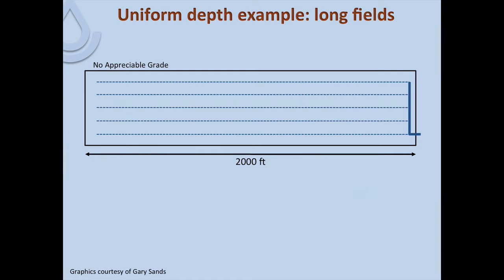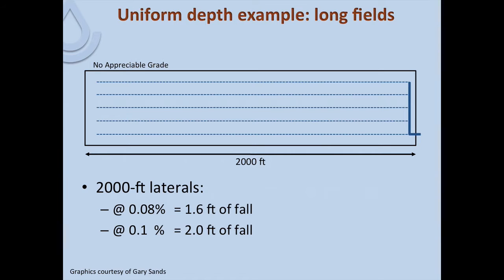as we can. And so again, looking at a challenging condition of a flat field, in this case 2,000 feet long, if we run those laterals the full distance of the field, and even working at shallow grades, 10th percent being something that would commonly be considered the shallowest that we may want to go with a pull type or farmer grade plow.